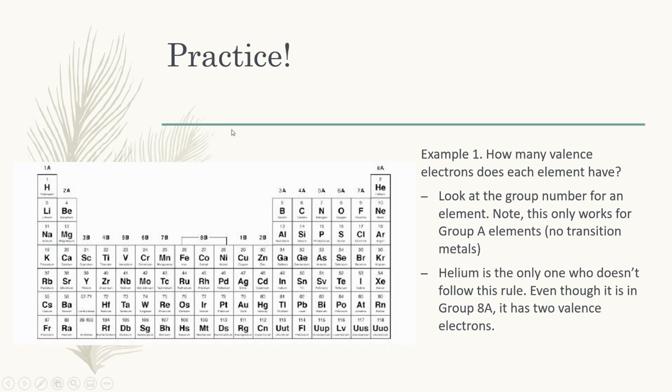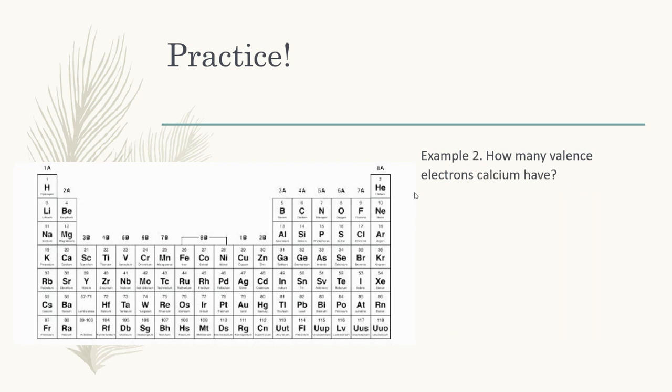So we have 1 electron, 2 electrons. And these guys down here, they have a second shell. Remember, on the first shell there were only 2 electrons, and then on the next shell there could be 8. So these can have more than 2 valence electrons along this second row. But helium and hydrogen at most can only have 2. So helium will have 2 valence electrons.